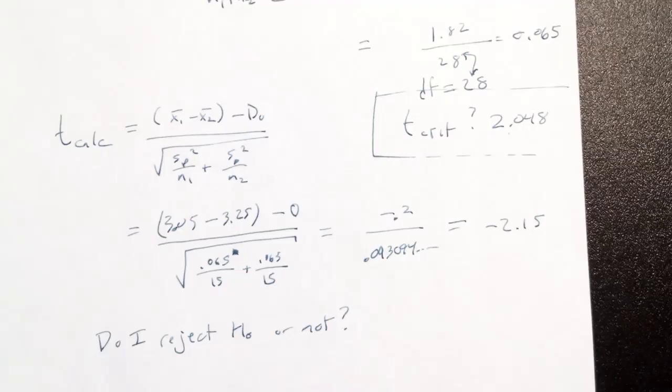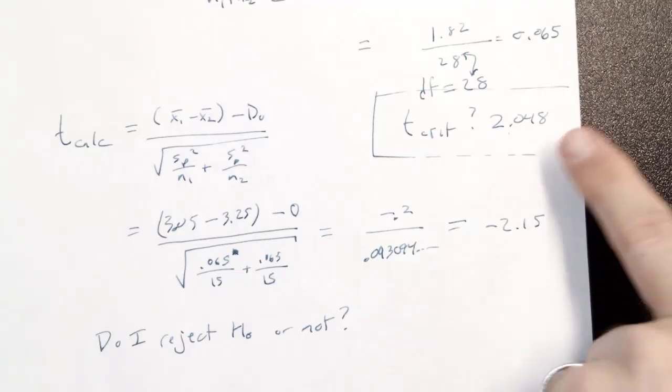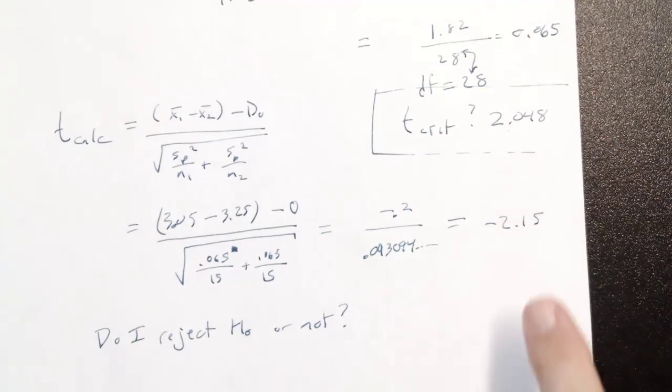Or there's something I need to do to my critical t-value to figure out whether or not I need to reject. Because I'm doing a left test. I either make this number negative or I make this number positive.